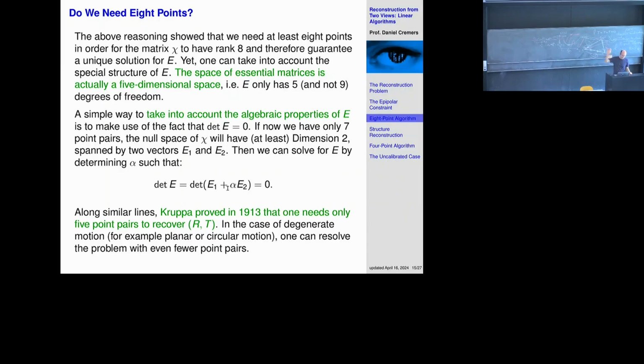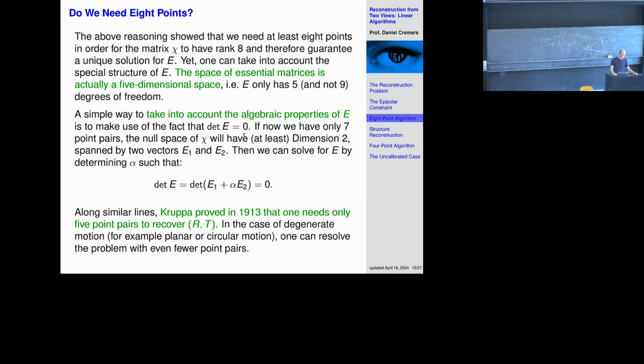And we're not going to go back into the footsteps of Krupa, because I think that is actually a rather involved method or paper. But this gives you a bit of a glimpse in how you can tackle this. How you can go, for example, from 8-point pairs to 7-point pairs, and now just 2 more steps and we're at 5-point pairs.